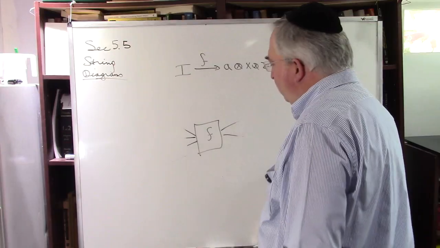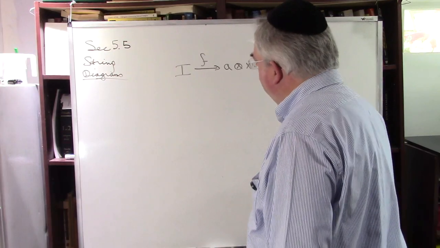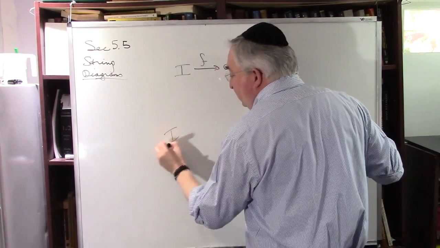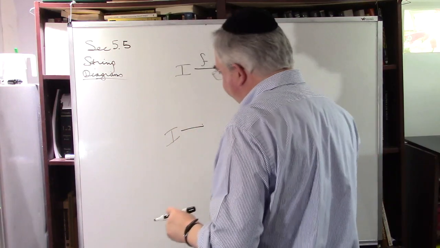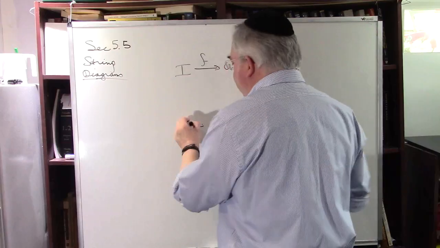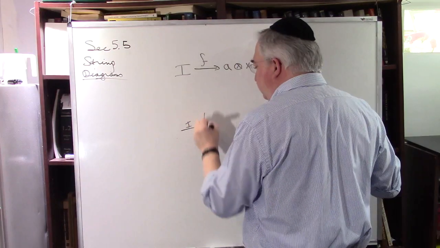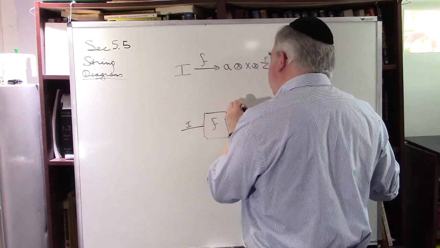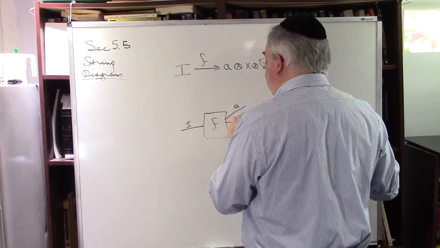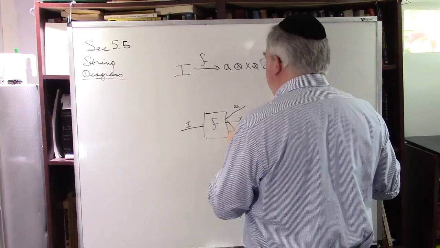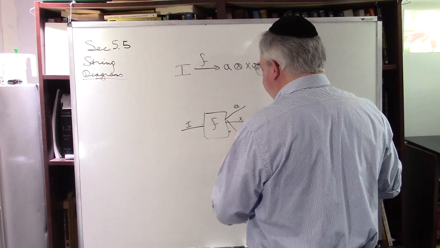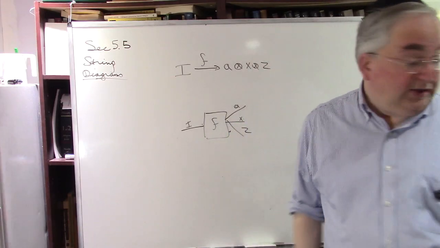Something like that. Well, in that case, the way we would write it is the identity, that's the unit of the monoidal category. Oops, sorry. It's not from that. The line becomes that. And here you have F, and here you have A, X, and Y, and Z. Okay, so that's a nice way of doing that.